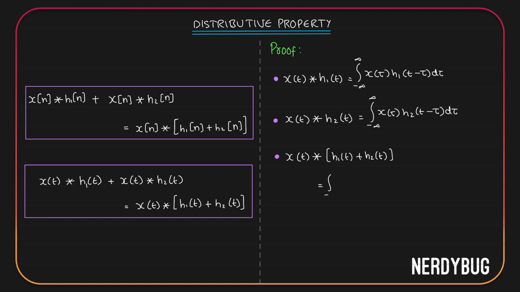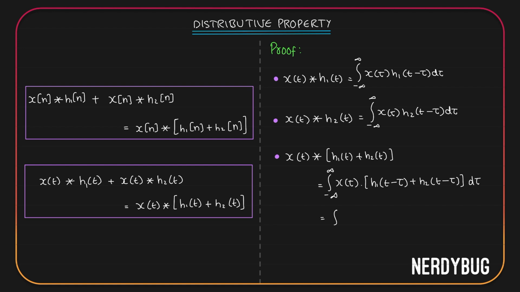And this gives us the integral from minus infinity to infinity of x(τ) multiplied by h1(t minus τ) plus h2(t minus τ) dτ. Now we can split these and do the integration separately.